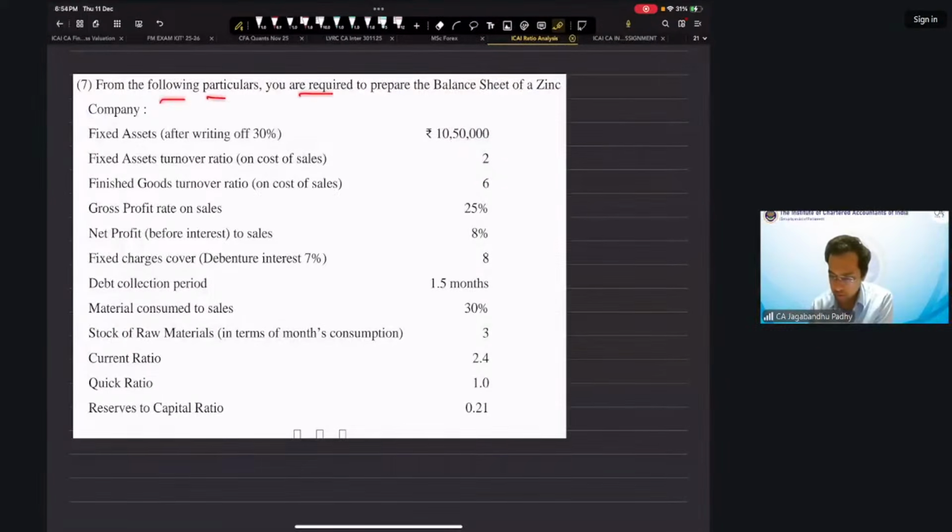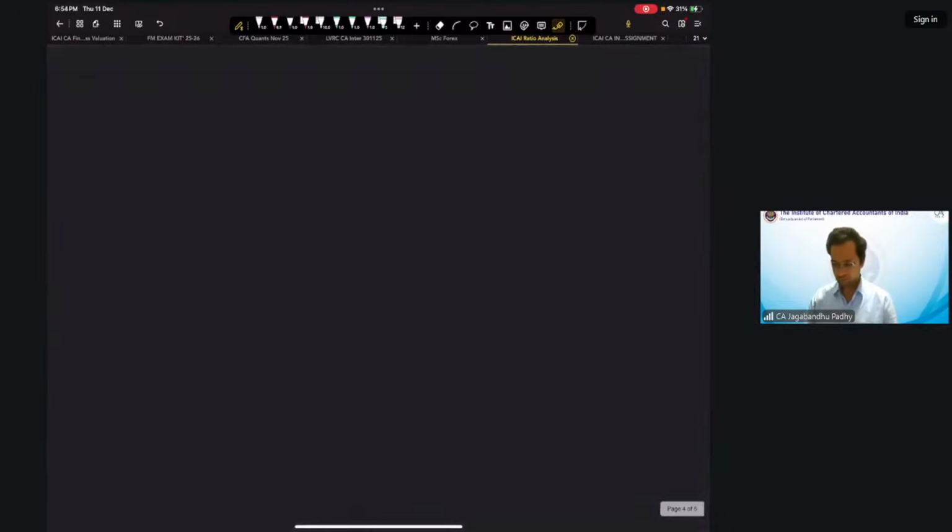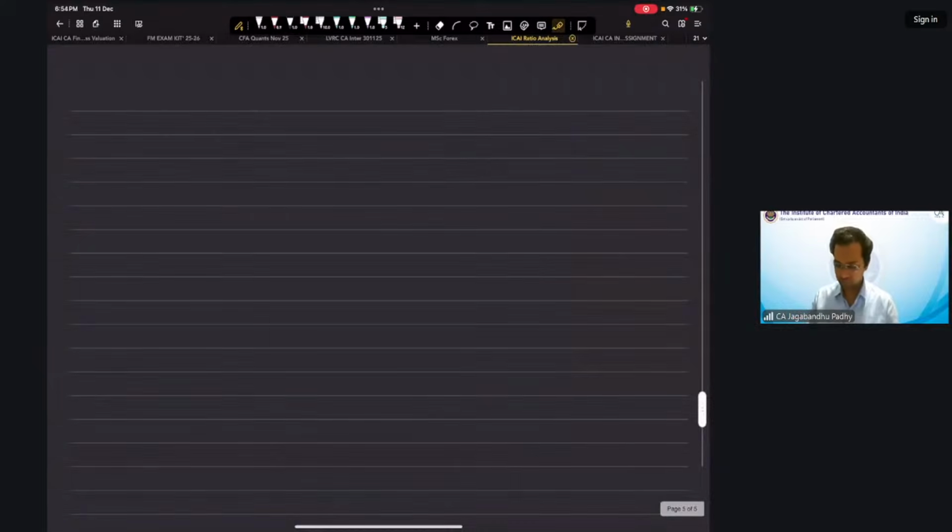From the following particulars, you're required to prepare the balance sheet of zinc company. Fixed assets after writing off 30% is given as 10 lakh 50,000. Let me prepare the balance sheet and try to get the values over here.